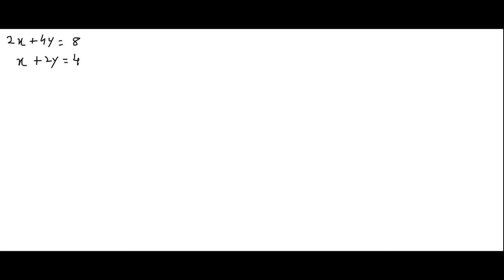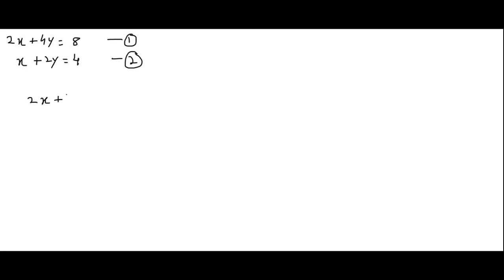If we see equation number 1 and equation number 2, multiplying equation 2 by 2, we can get exactly the same equation as 1. So we multiply equation 2 and subtract it from the given equation.